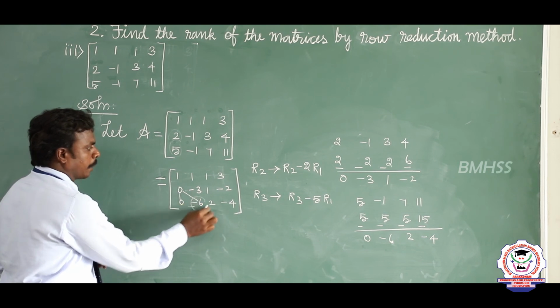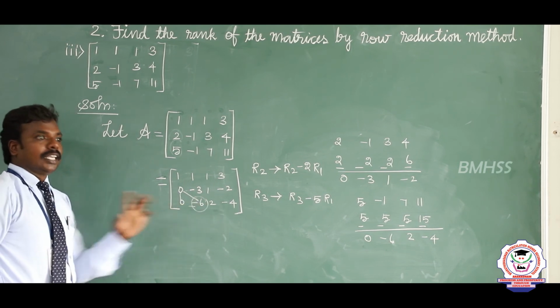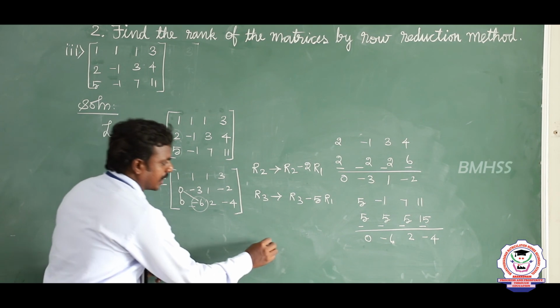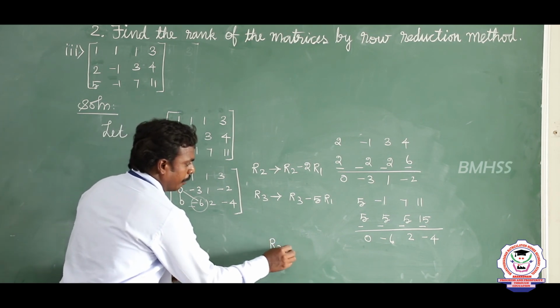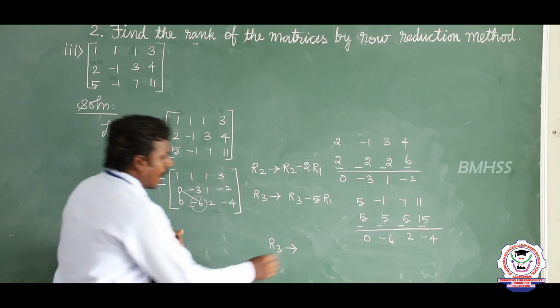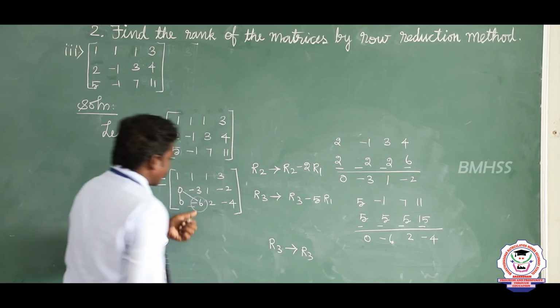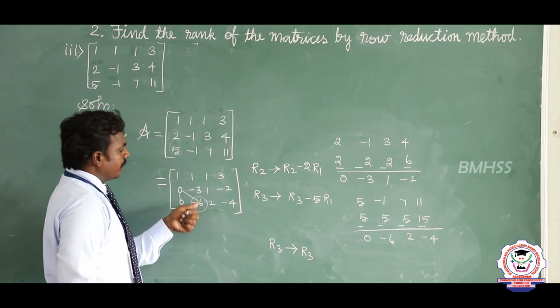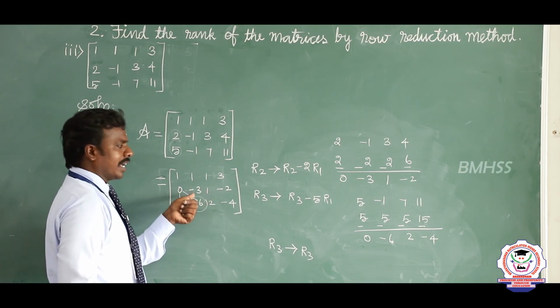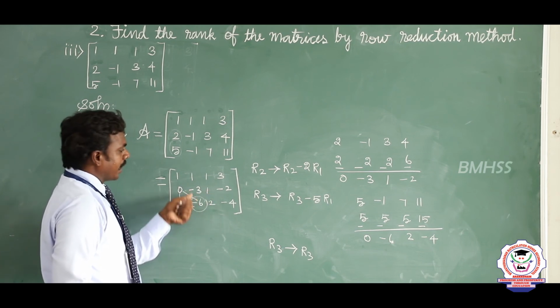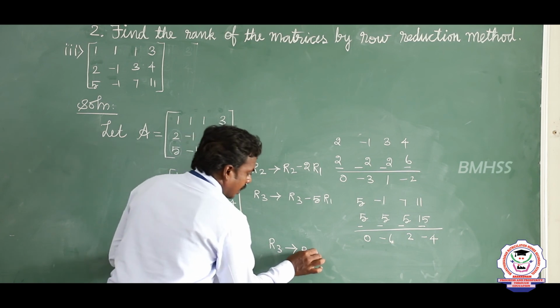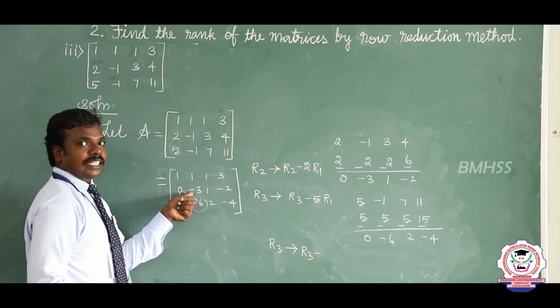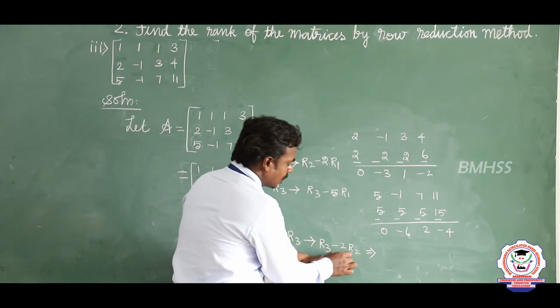In the minus 6 place, I want to get 0. So very simple, in the third row R3, there is minus 6 and in the second row minus 3. If you multiply the second row by 2, you will get 6. Since both have the same sign, I want to subtract, then minus and minus will change to plus. So R3 minus 2R2.